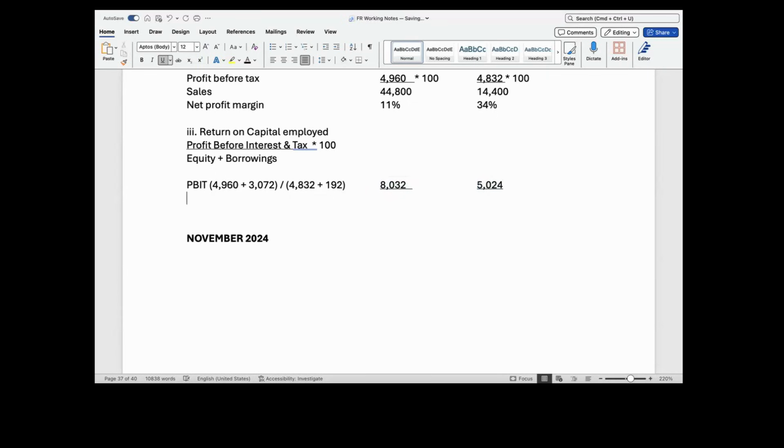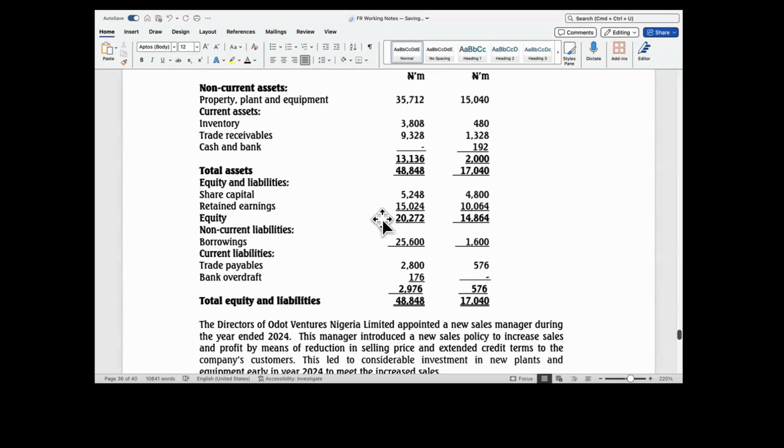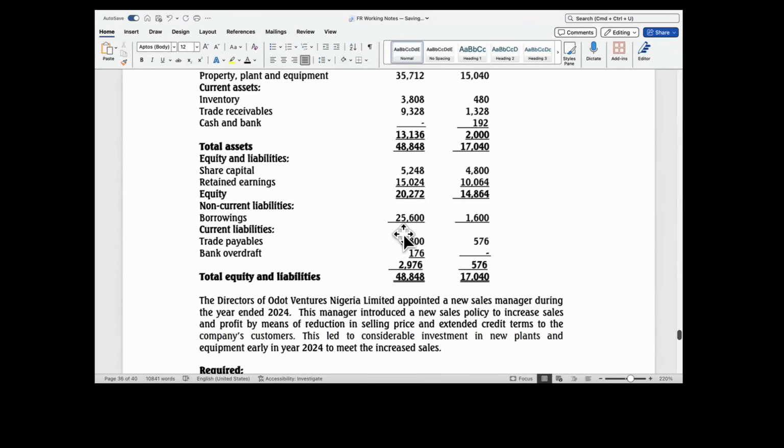Then my equity plus borrowings. Let's go and check. First, my equity for 2024 is 2,272, if you can all see it. And my borrowings, which is directly below it, is 25,600.